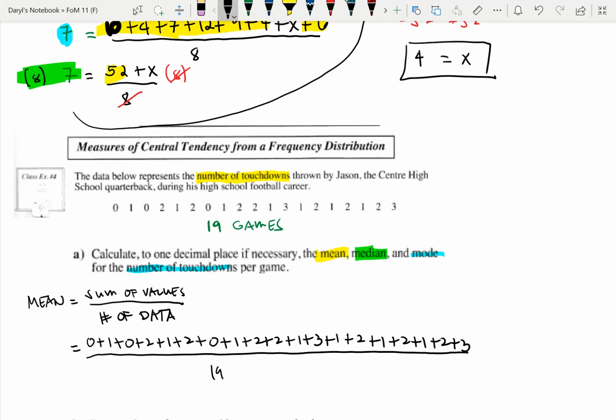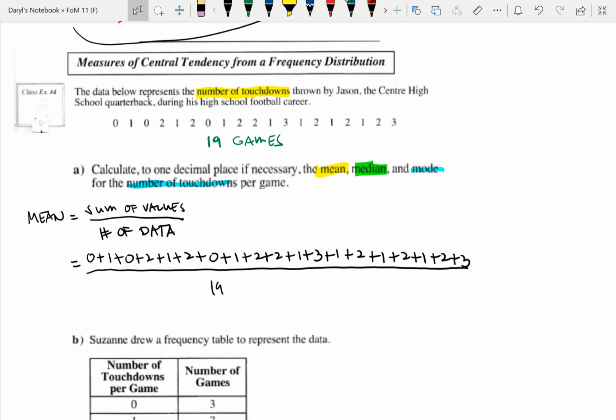It's 19. So I can use the symbol mu for this one, is equal to 27 divided by 19.